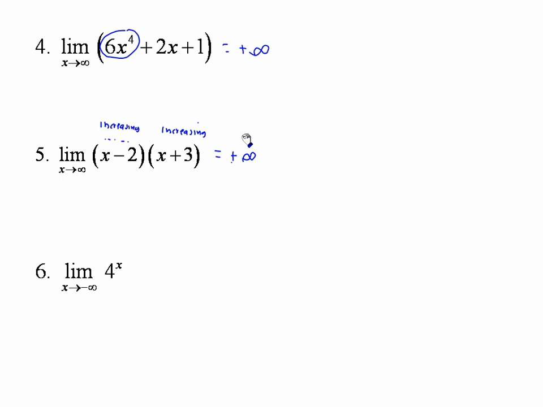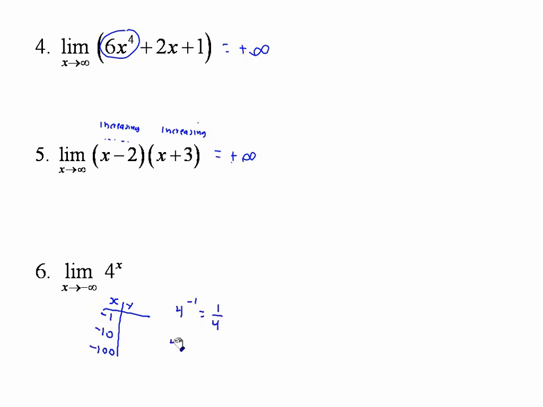Number 6, the limit of 4 to the x as x gets smaller and smaller and smaller. This one's misleading. It's not a polynomial function. It's an exponential one. And if you were setting up a little table of values to make sense of this, pick values for x, say negative 1, negative 10, negative 100, and you see what happens. 4 to the negative 1 is equal to 1 over 4.